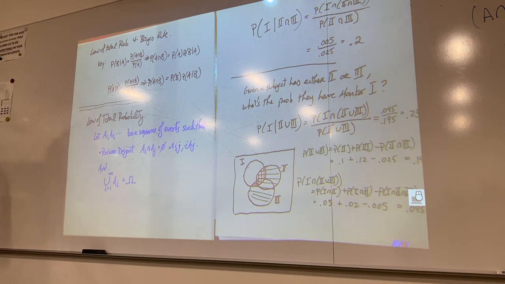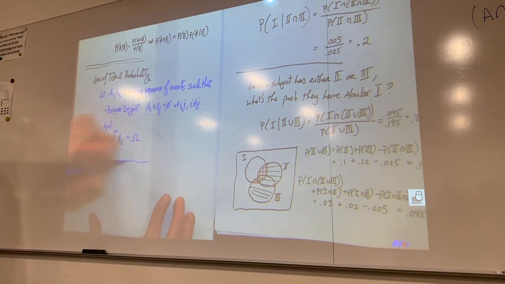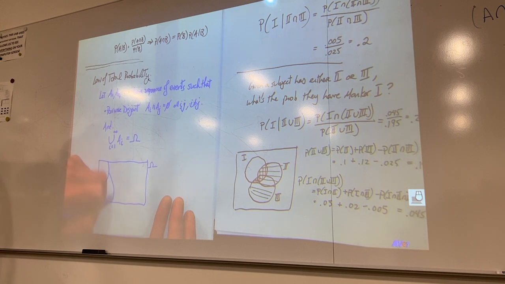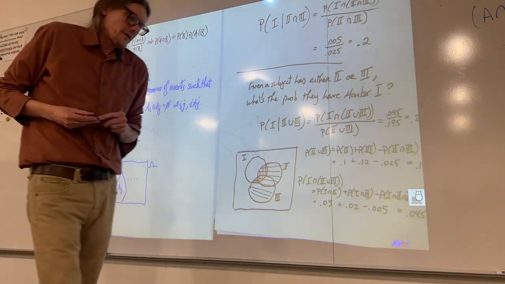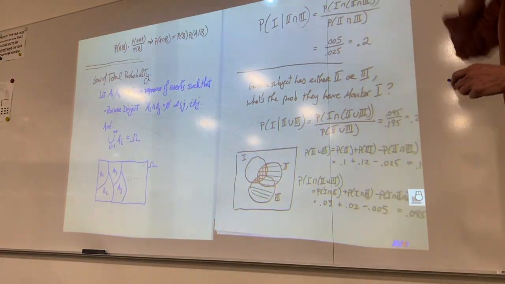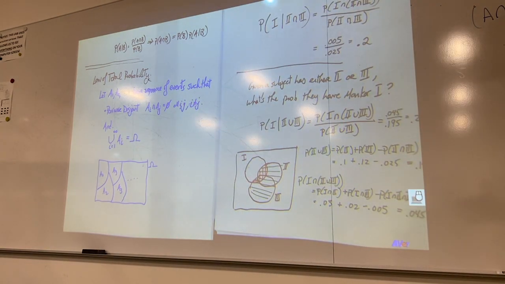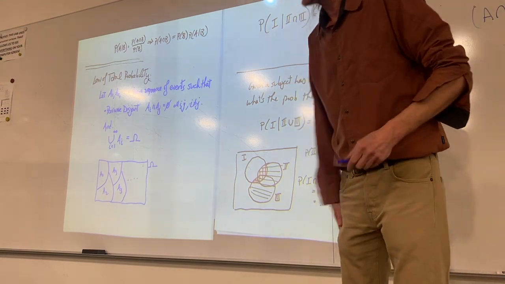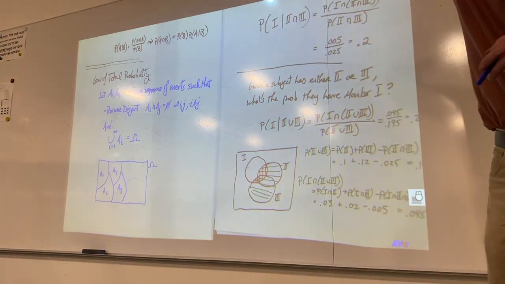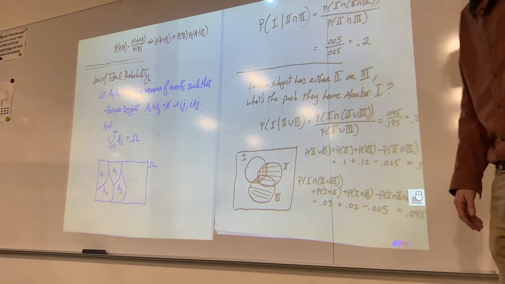So a partition, if this is our sample space, is some collection of non-overlapping sets that cover the whole sample space. We do it all the time. The United States can be partitioned into the 50 states, or people in the US can be partitioned by income bracket or ethnicity or any of the other kinds of questions we tend to ask.